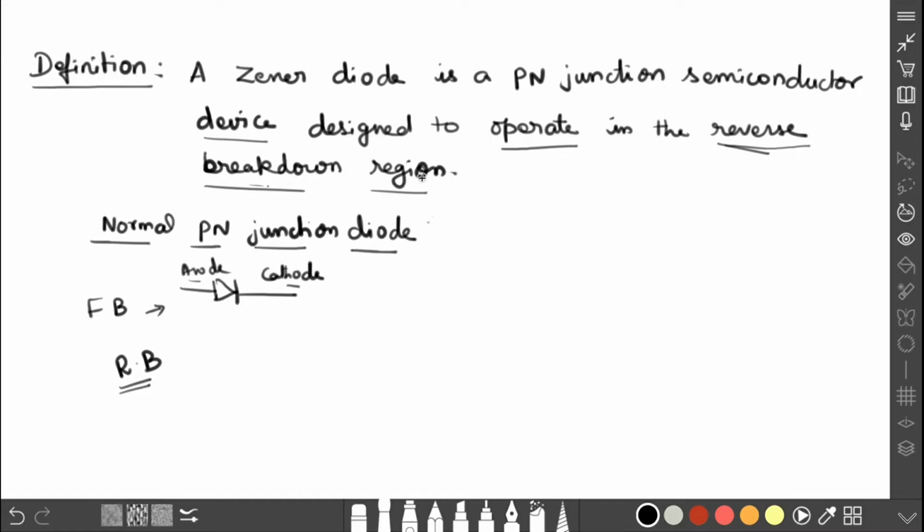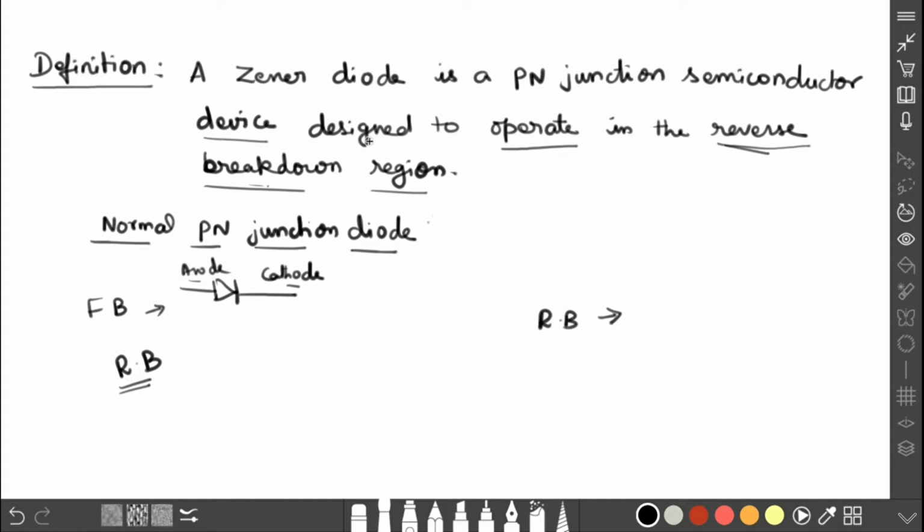That is, if you give the reverse biasing for the Zener diode, it conducts current. So this is what we have to understand. How it conducts and how it is constructed, that part we will discuss later. So first what we have to remember is that the Zener diode is a PN junction semiconductor device designed to operate in the reverse breakdown voltage.